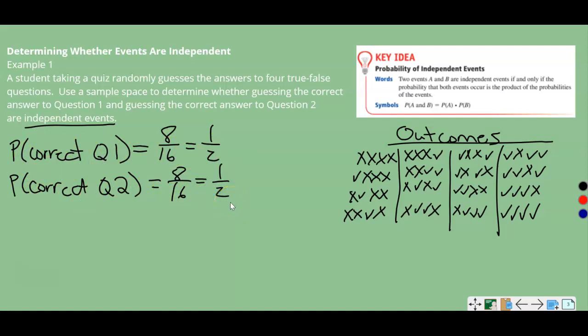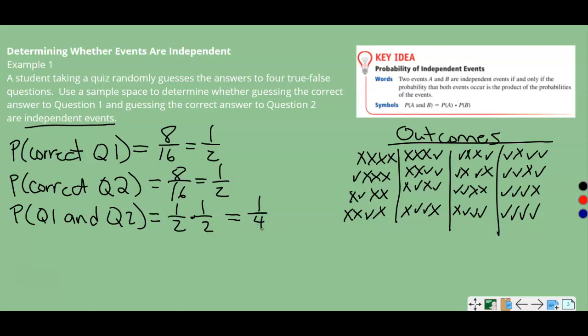So that means we would have probability of question 1 correct and question 2. So that would be 1/2 times 1/2. Because remember up here it says probability of A times probability of B. All right, so 1/2 times 1/2 is 1/4.